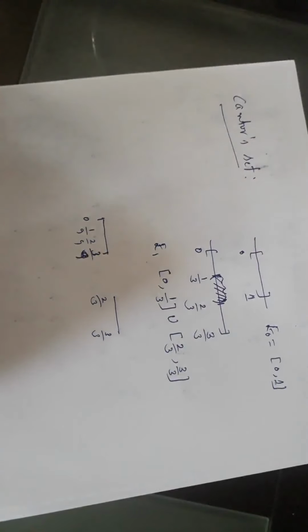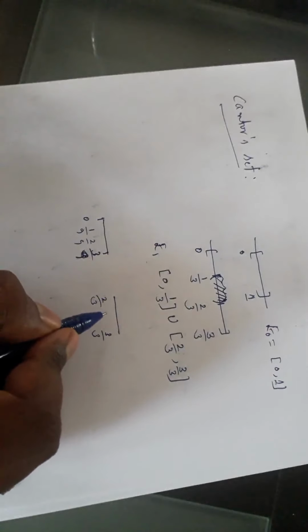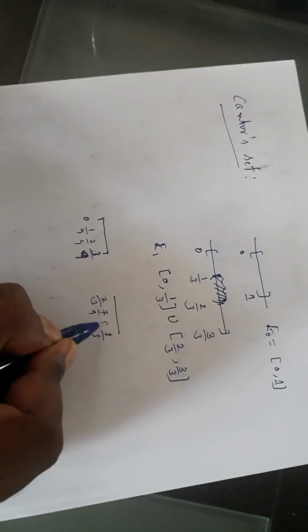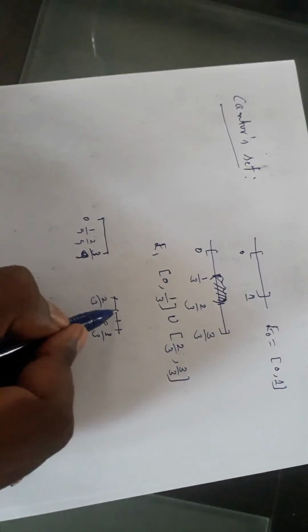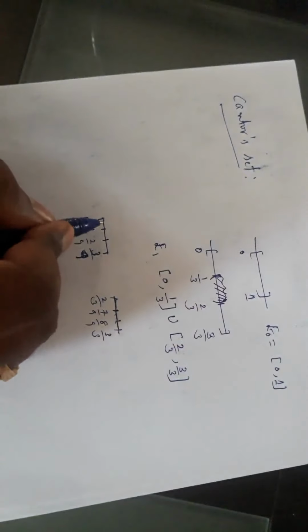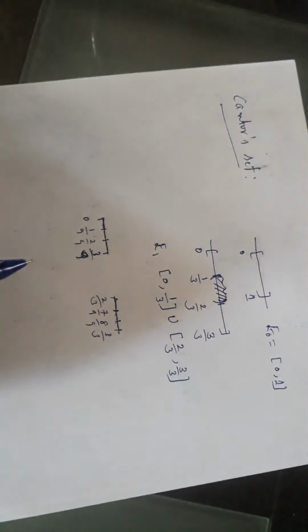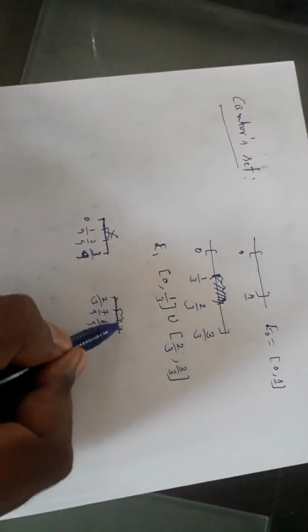Again, 2 by 3 is 6 by 9, then 7 by 9, 8 by 9. I am dividing equally into 3 parts, 1, 2, 3. Here also I am dividing the same way. Then what is the next duty? Remove this, also remove this.